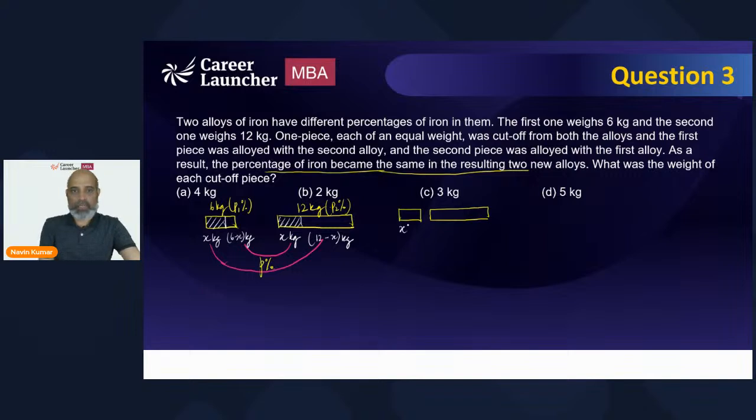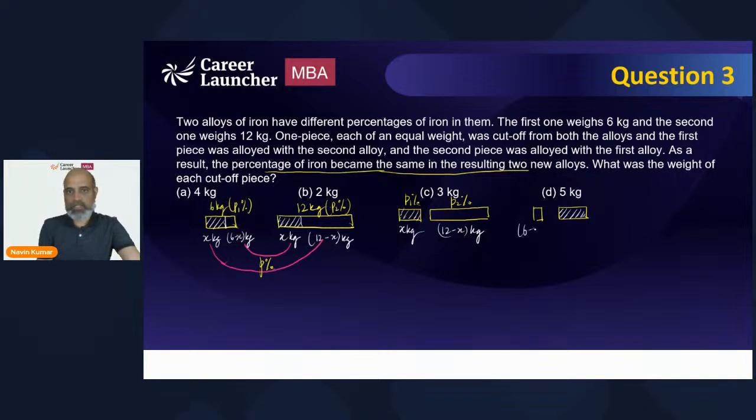The percentage of iron in these two being, this one is P1 percent, while this is P2 percent. Right? I hope you are able to join the portions of the alloy that are getting mixed. And then we have this 6 minus X kg, and then we have this X kg. So these are the two.